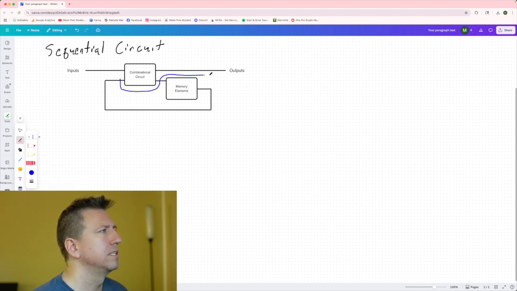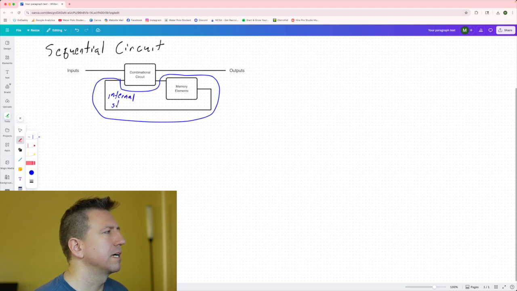And so we could, if we wanted to here, kind of isolate this part of the circuit. This is the internal state, and it's feeding back into the combinational circuit. Okay. So outside of the blue was our combinational circuit. Now with the addition of the blue, we have a sequential circuit.